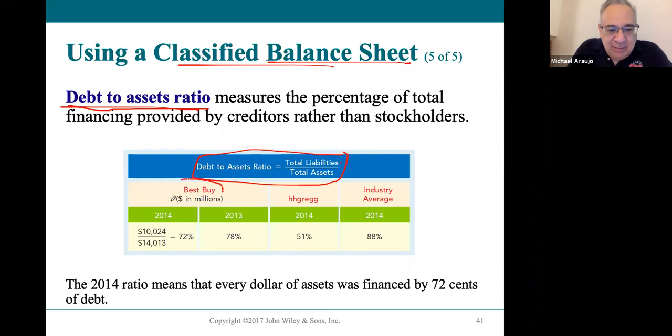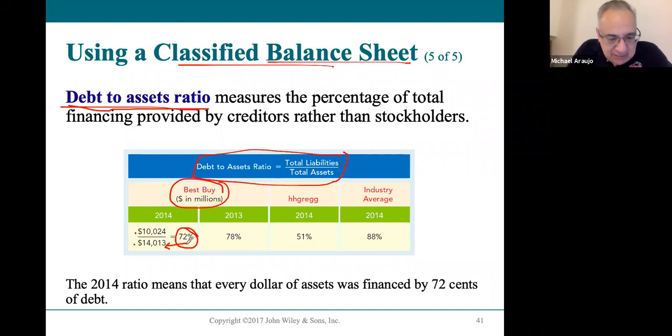Best Buy has $10 billion, $24 million in total liabilities. When you compare that to the fact that they have $14 billion, $13 million of total assets, their debt to asset ratio is 72%. What does that mean? Well, it means that 72% of their assets are financed with debt.